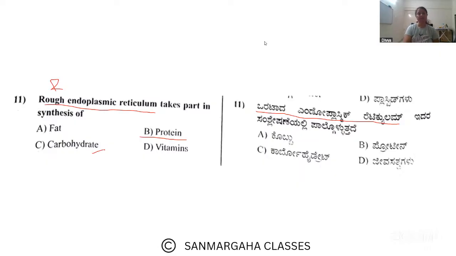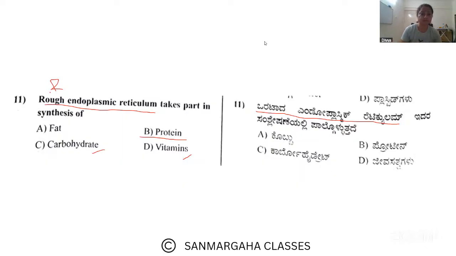Vitamins are also found in the cell, in the cytosol. Some of the vitamins are not present, so those vitamins we have to take from outside. Vitamins A, D, E, K, water soluble and fat soluble vitamins. There are many sets of vitamins, and those are found in our body.